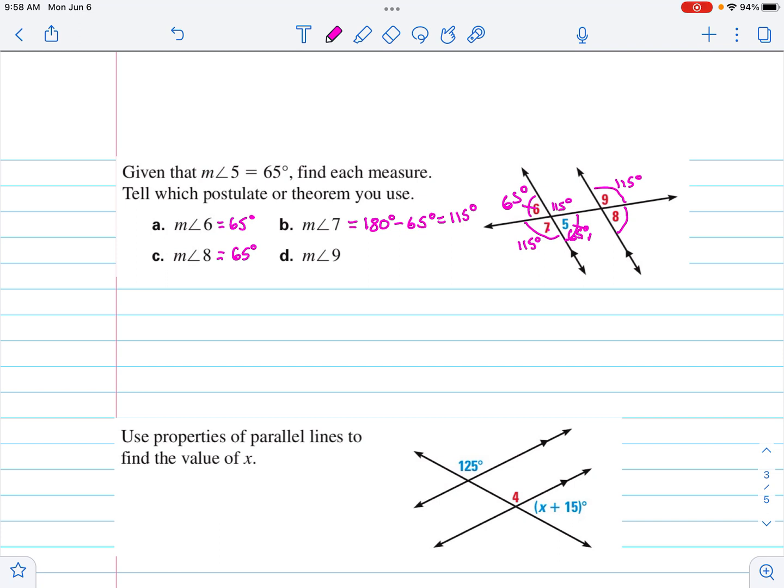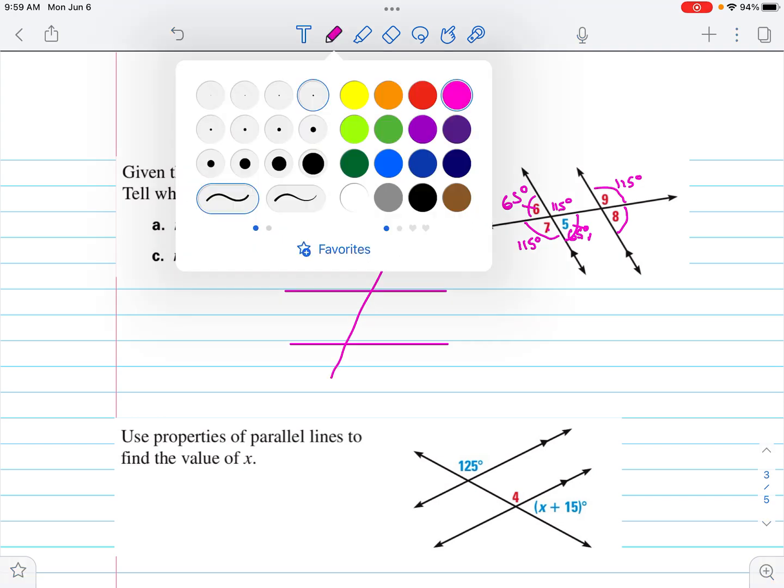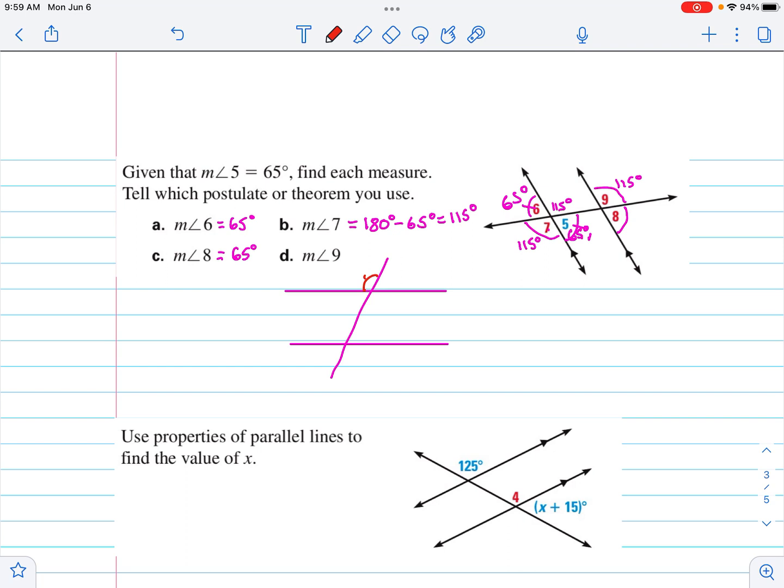So let's look at this and see if we can make sense of it. We've got two parallel lines cut by a transversal, okay? So this angle and this angle are the same. This angle and this angle are the same.